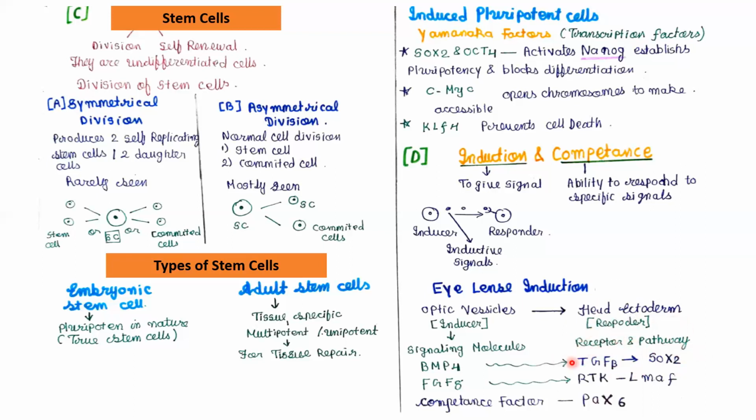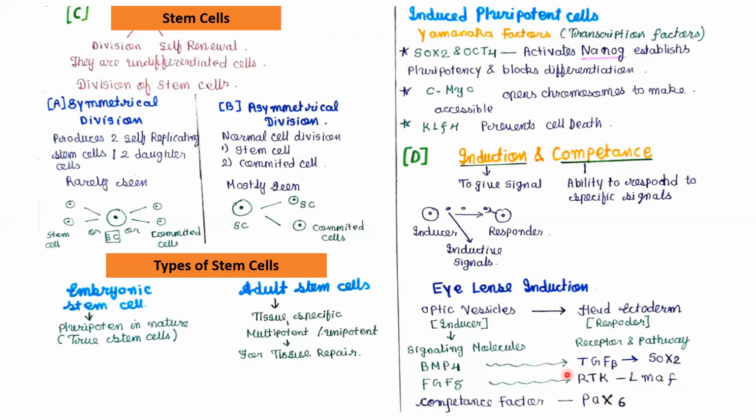The head ectoderm has receptors, and different pathways run inside these cells. The head ectoderm has a special receptor, TGF beta, for the BMP4 signaling molecule, and RTK receptors for FGF8. Different transcription factors are involved: SOX2, which is generated by the TGF beta family, and L-Maf, which is activated by the RTK pathway.